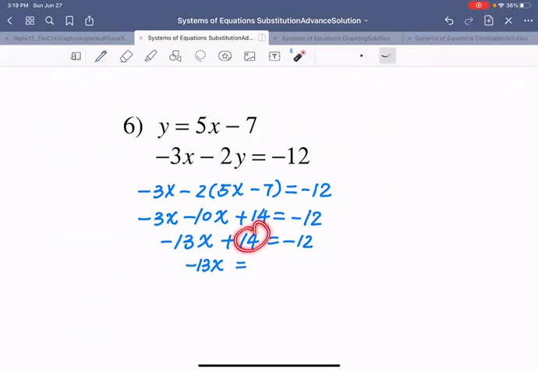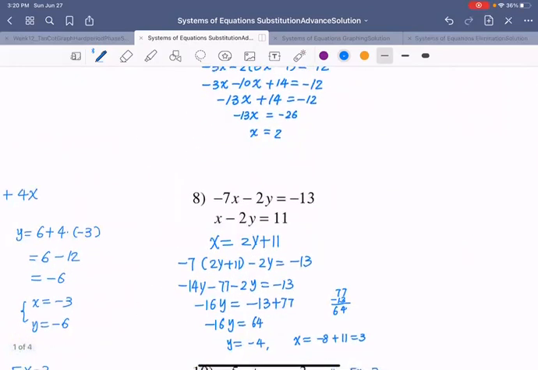Negative 26. My bad. So x equals 2. Okay. You don't want to make those kinds of mistakes, okay?